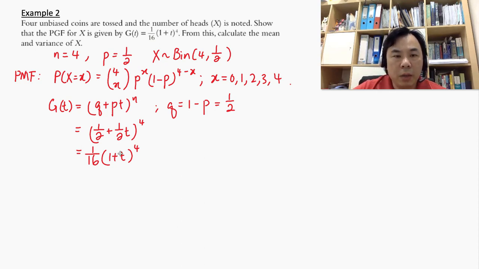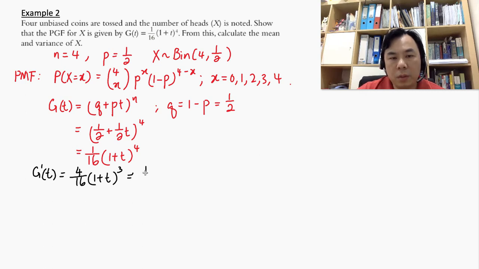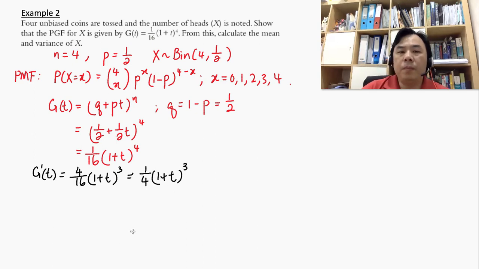Now next we're going to make use of this probability generating function to obtain the expected value. So first step, we're going to differentiate this. If you differentiate, it's actually 4/16 (1 + t)^3, which is the same as a quarter (1 + t)^3.